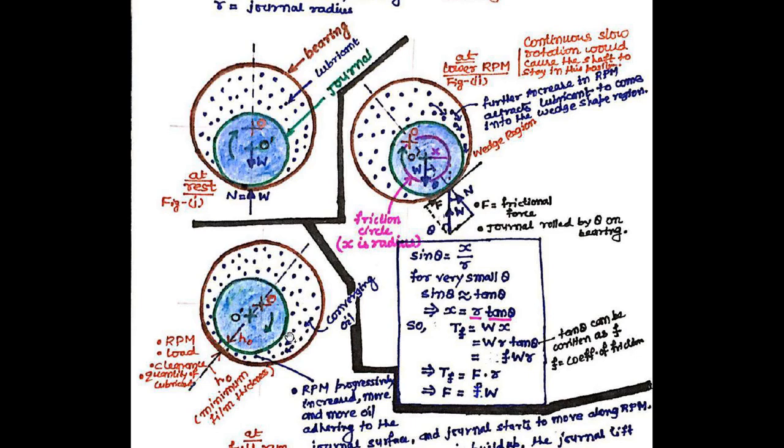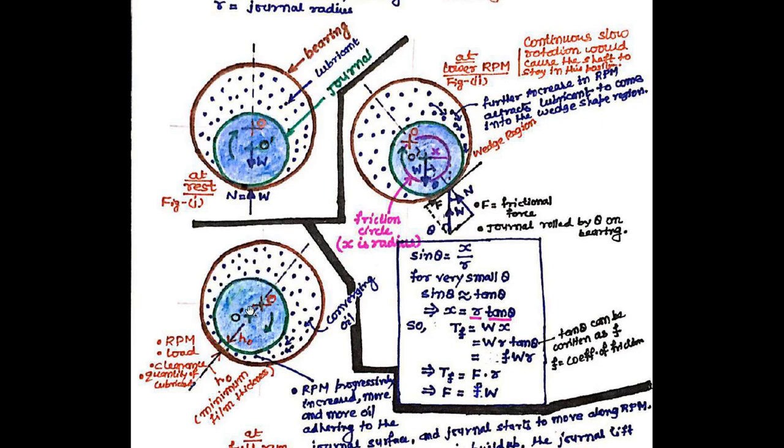It starts to float and comes to that position at full run. This is the case of full run. When the journal is at full run, due to the force exerted by the lubricant, the journal starts to float, and due to the rotation of the journal, it comes to that position.